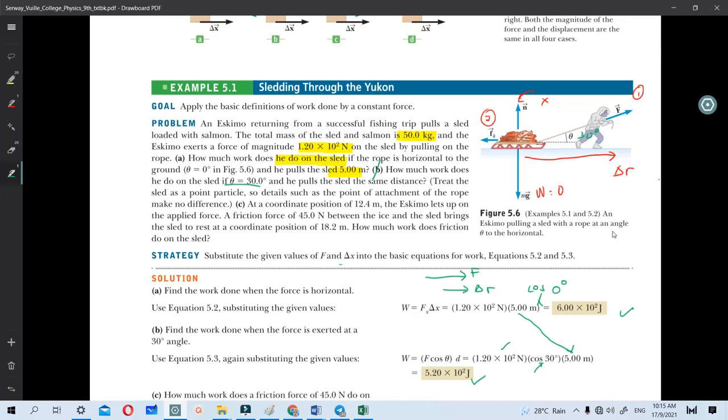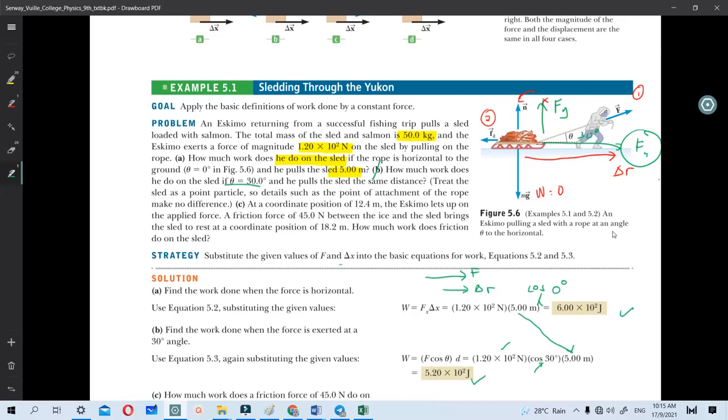Tapi bila dia buat at angle, we will find that the force, in this case F sin theta, kan dia jadi product kan. We find that, oh, one is in the X direction and the other is in the Y direction. Only this one sahaja would do work. Yang ini tak do work, dia goes into waste. Membazir sahajalah. So 520 sahaja.